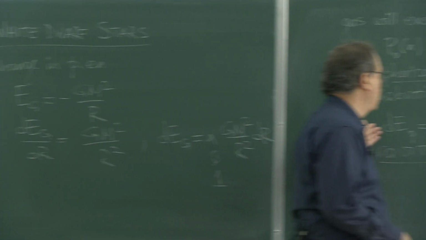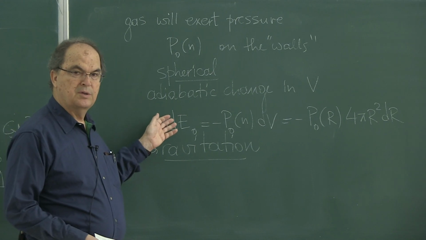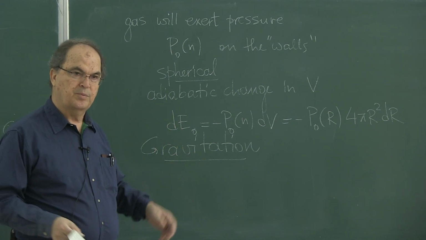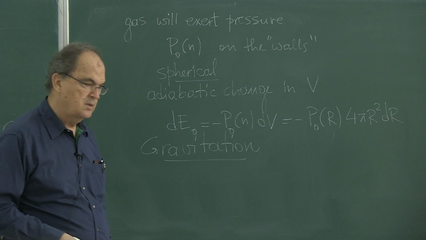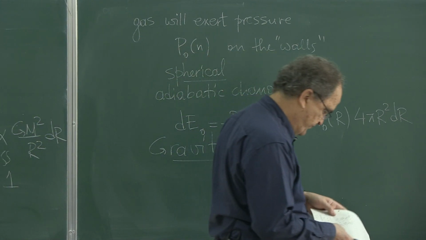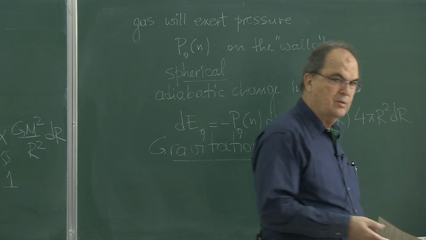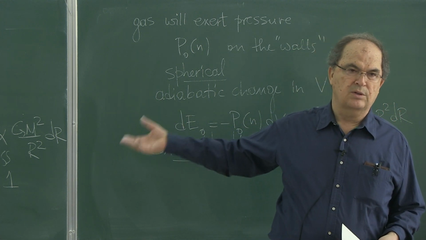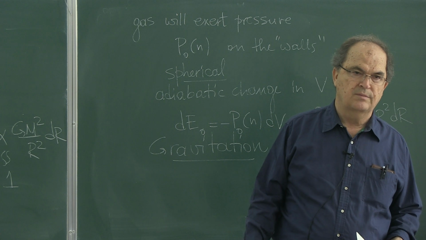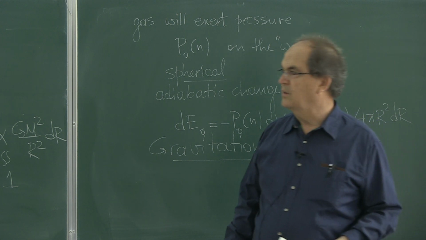We have a change in energy as a result of outward pressure coming from the gas. So we can get the equilibrium. When you add these two changes, they should add to 0, isn't it? That's the equilibrium.